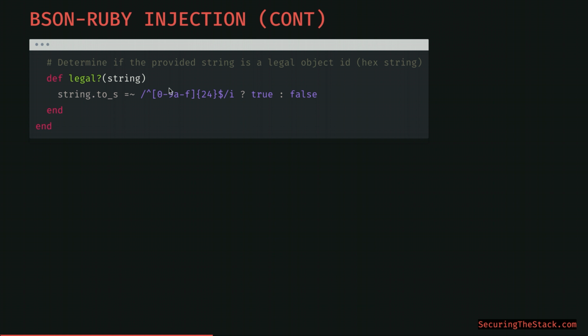Then within BSON Ruby, way down the dependency rabbit hole, it's checking if it's legal. It's determining if the provided string is a legal object ID, or in other words, a hex string.